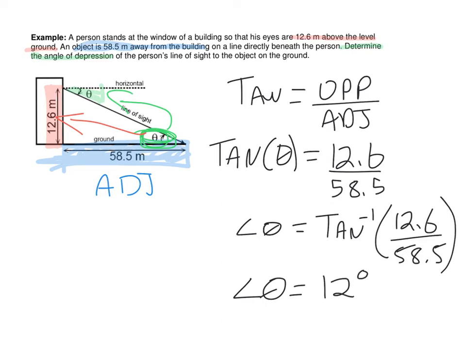So this means that our person is going to be looking down 12 degrees from the horizontal, as seen right here in our picture. So you would be looking out straight and then down 12 degrees. To finish this, we need to write a statement for all word problems.